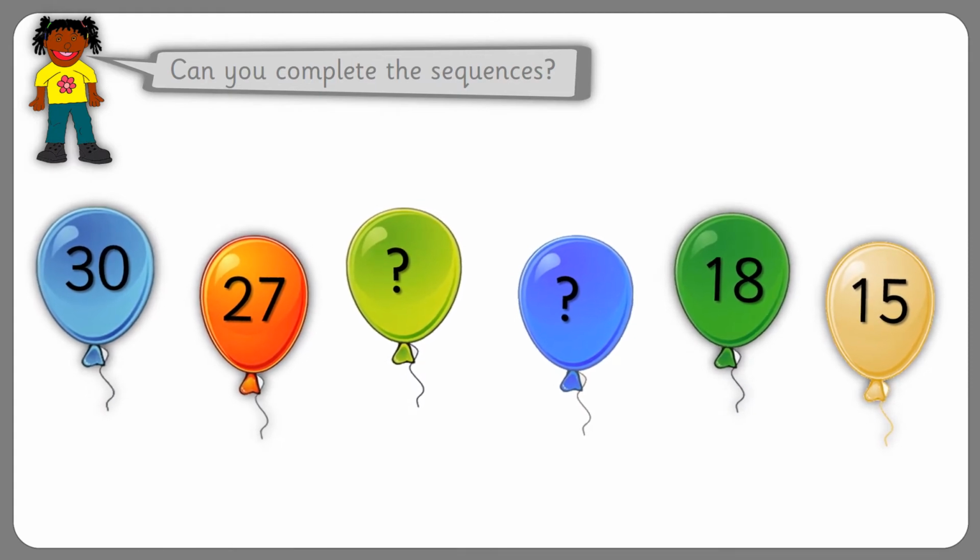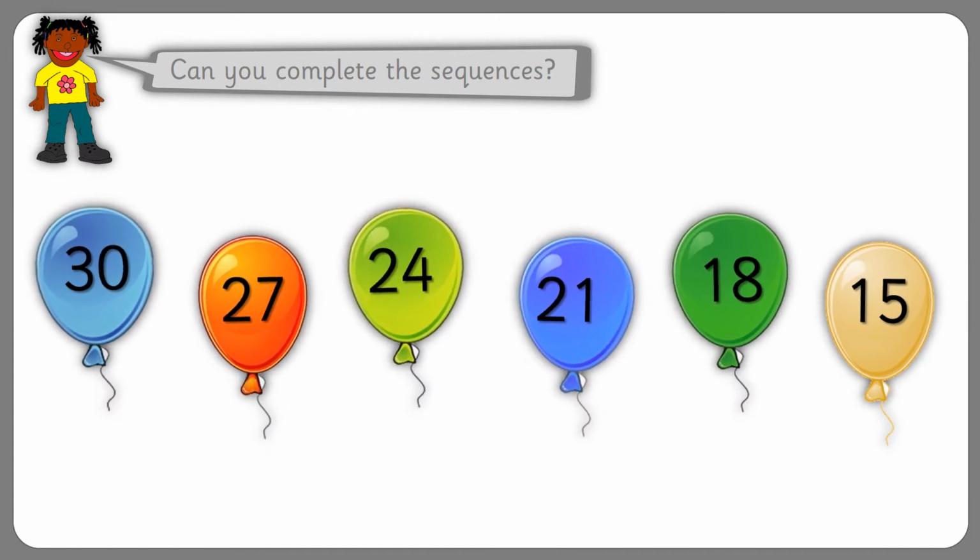And 15 is 3 less than 18. So the rule for this sequence is counting back in threes. So our sequence goes 30, 27, count back 3 is 24, count back 3 is 21, count back 3 is 18, then 15.